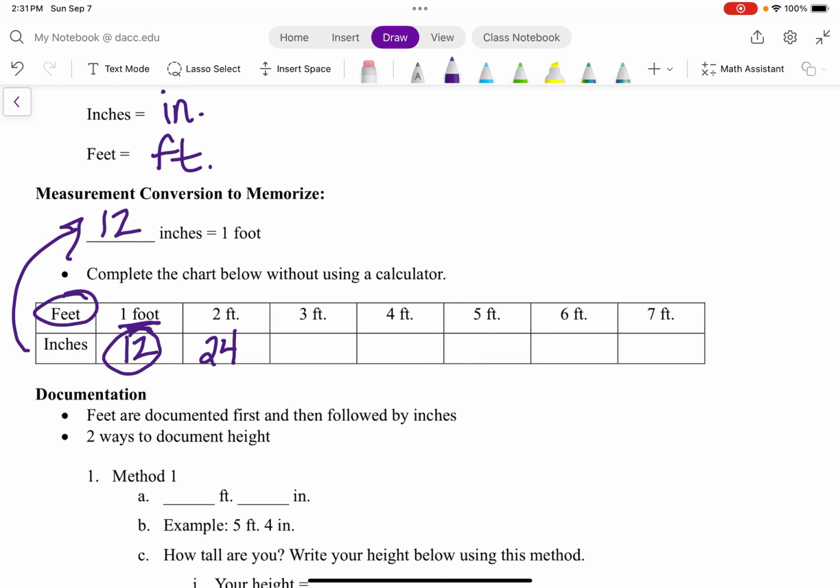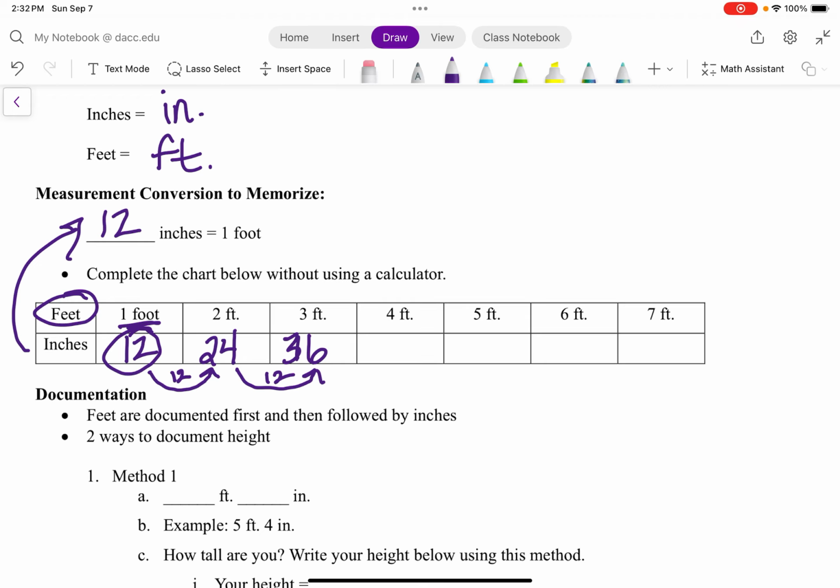Then moving along to 3 feet, we have 12 inches, but there's 3 of them, so we would have to multiply. 12 times 3, or we could do 12 plus 12 plus 12, and that is 36. So you can see that each time we're going up, we're adding 12, because 12 inches make up 1 foot.